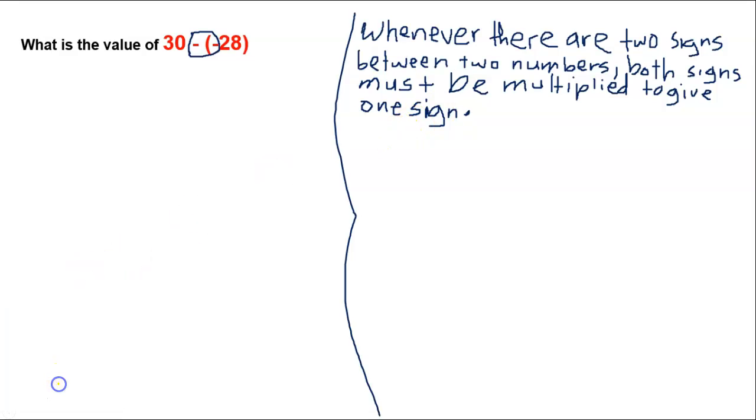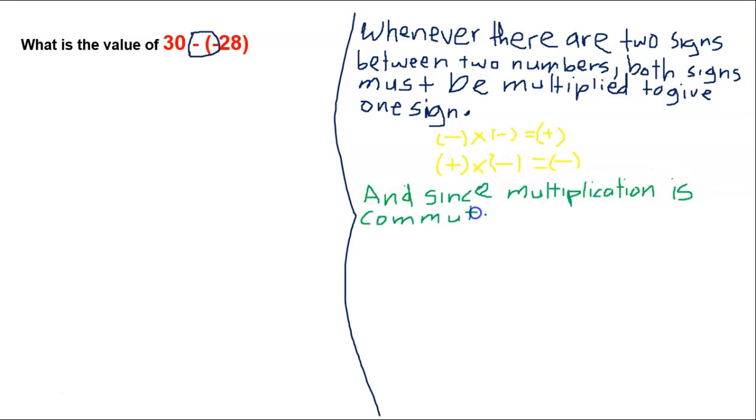And then we know that negative multiplied by negative equals positive, positive multiplied by negative equals negative, and since multiplication is commutative, negative multiplied by positive also equals a negative.